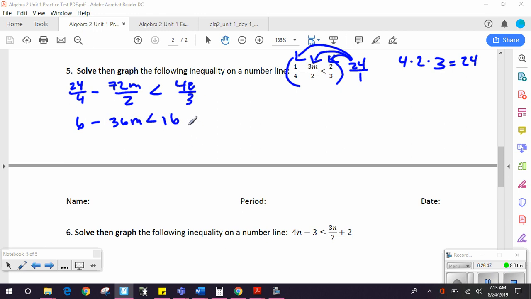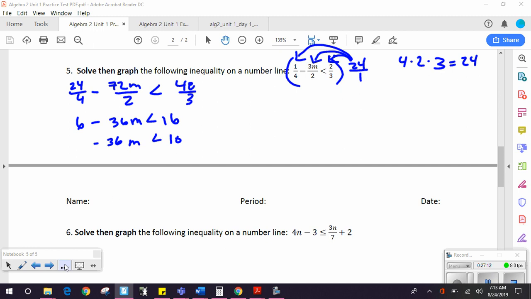So now we don't have any more fractions, which is awesome, and it makes it easier. So now let's isolate m. First, by subtracting 6 on both sides. So that leaves me with a negative 36m is less than 10 because I subtracted 6. Then I would divide by negative 36.